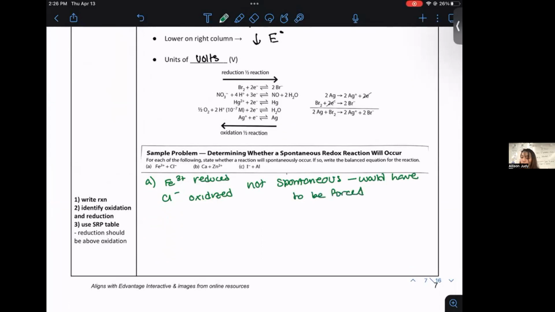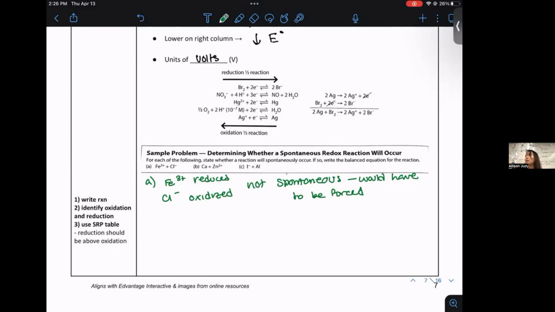Because in order for a spontaneous reaction to occur, your oxidized species has to be below your reduction species. You can think of it as the oxidation species letting go of its electrons, and the electrons float up to the reduction species. That's more natural. Think of electrons as balloons, because they have basically negligible mass, but they're all volume. They float up to your reduction species.